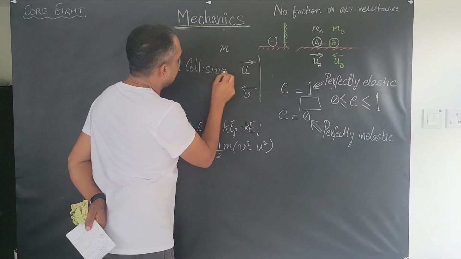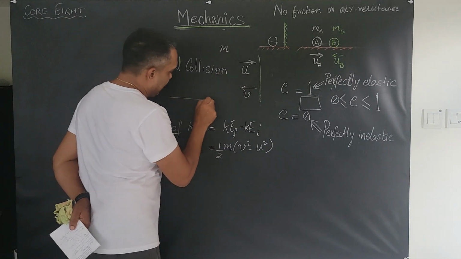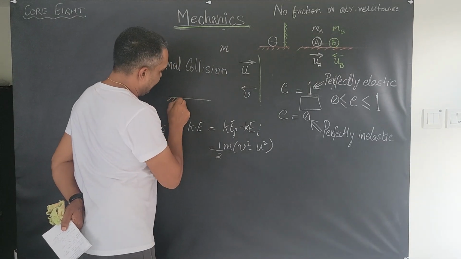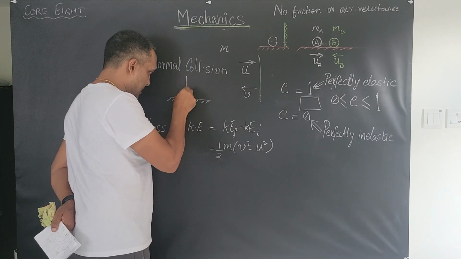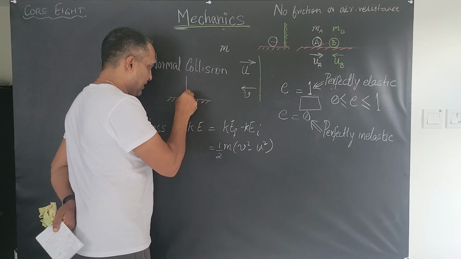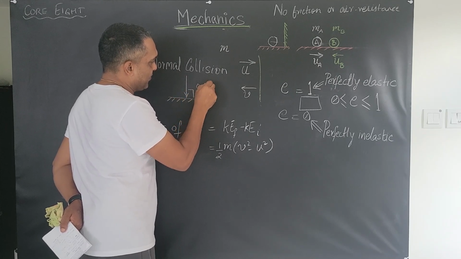And what exactly is a normal collision? A normal collision means if this is the surface and this is the direction of collision, it is perpendicular. This is 90 degrees. Remember this as well, right?